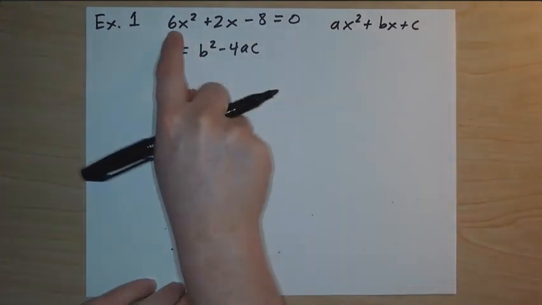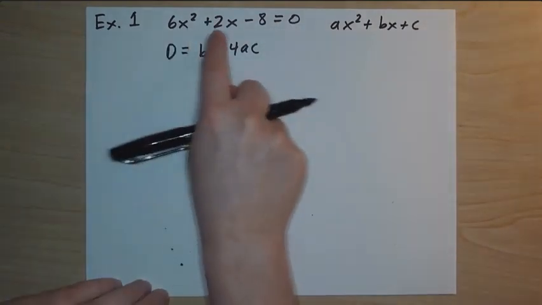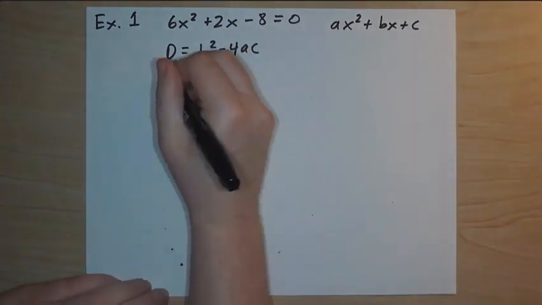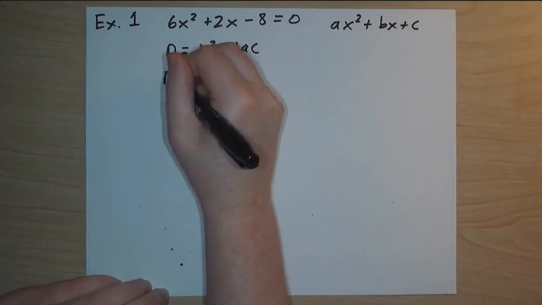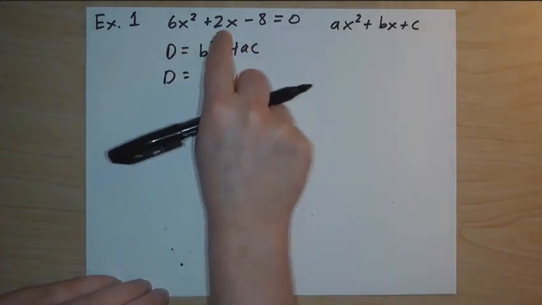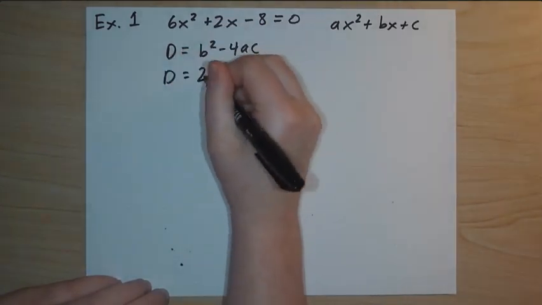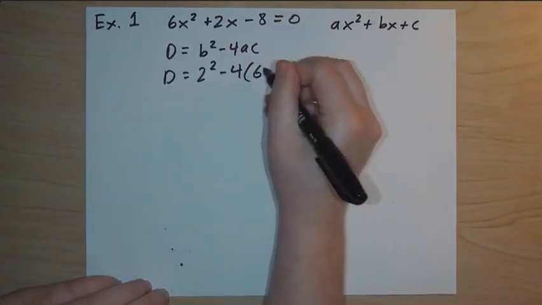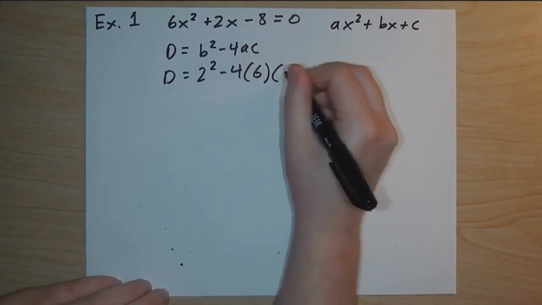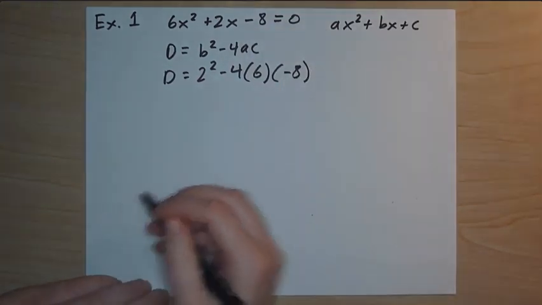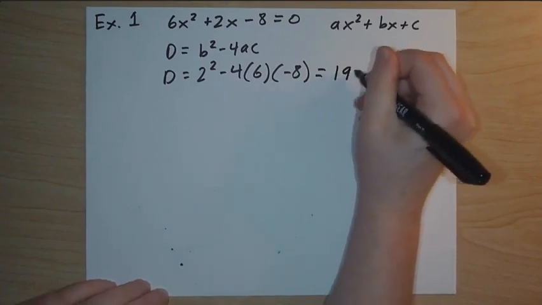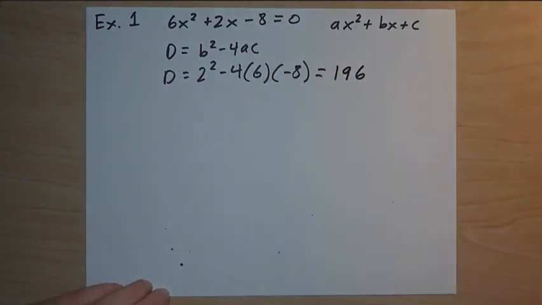So our a is 6, our b is 2, and our c is negative 8. So our discriminant is equal to b squared, which is 2 squared, minus 4 times a, which is 6, times c, which is negative 8. If you plug that into a calculator, you'll find that our discriminant is 196.